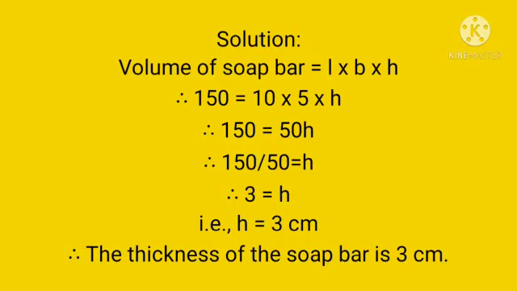Therefore, 150 is equal to 50 multiplied by H. Now, let us divide both sides by 50. So, we get H is equal to 3. Therefore, the thickness of the soap bar is 3 centimeters.